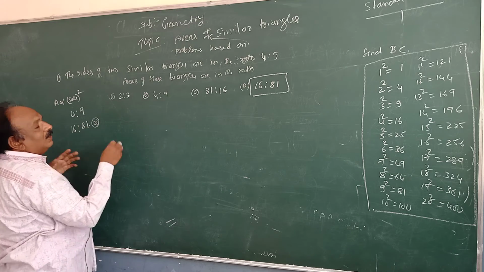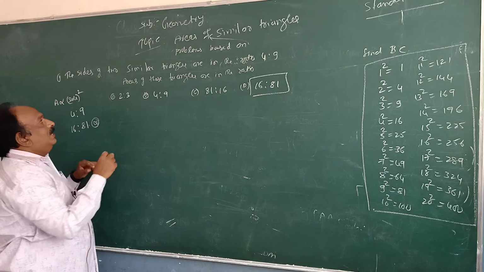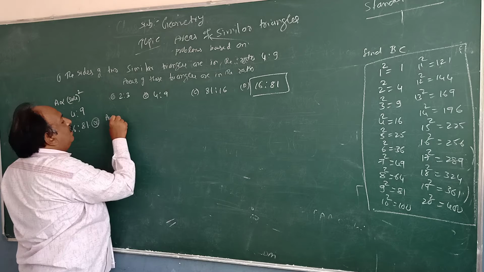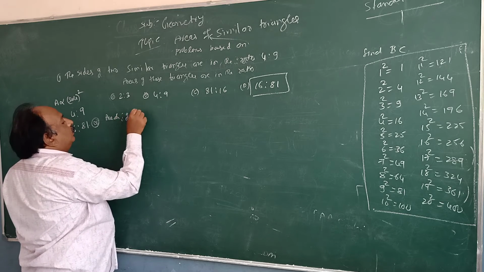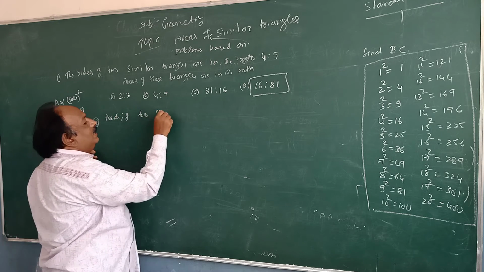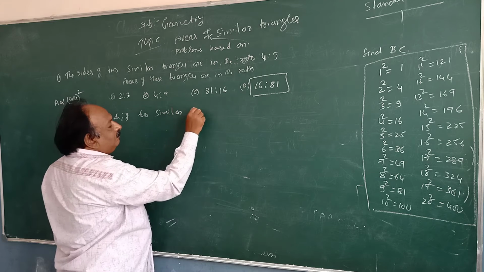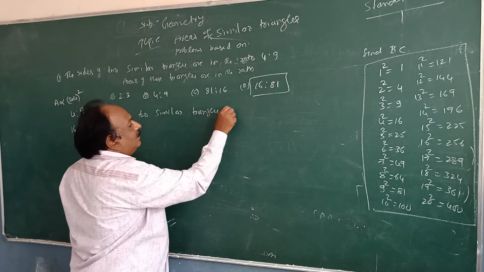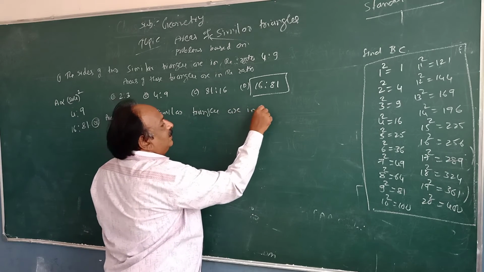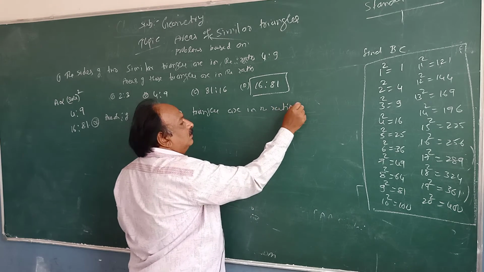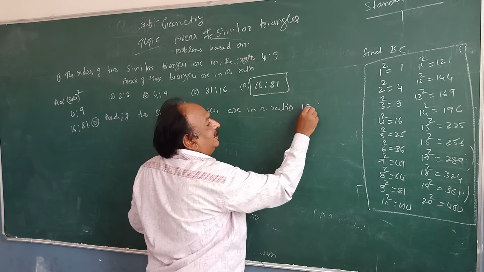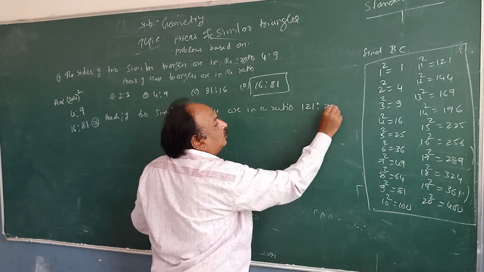And the same question appears this time in another way. The areas of two similar triangles are in the ratio 121:289.